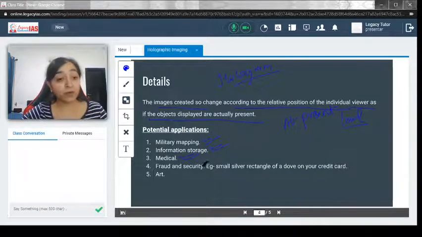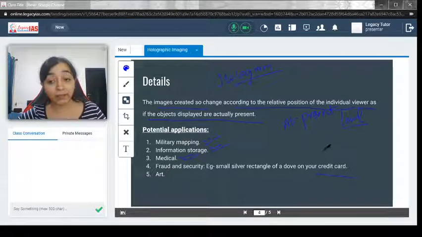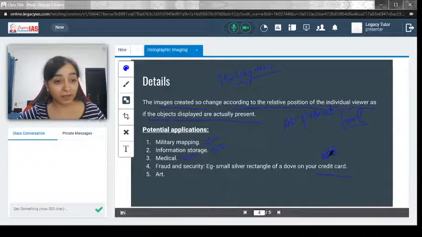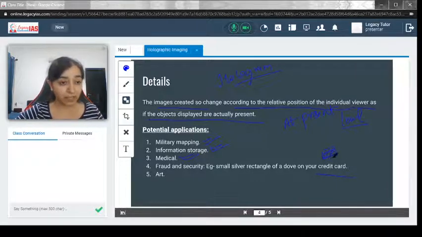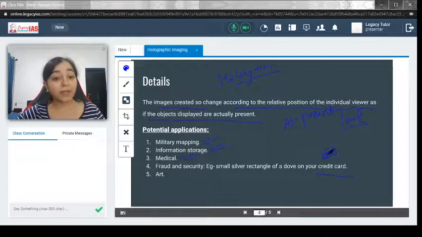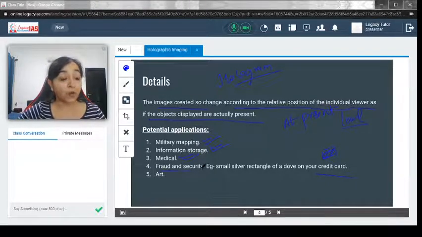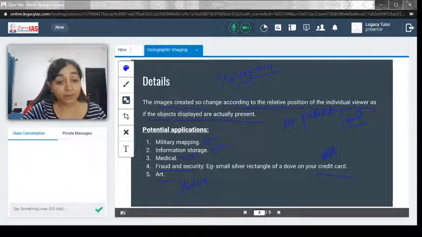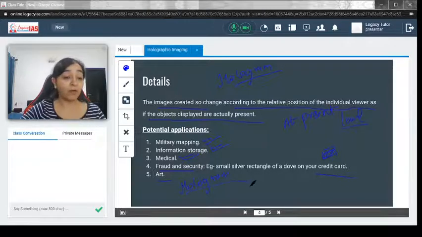Then also fraud and security, which you have seen very often, like on your credit card or debit card, you see the silverish chip which changes color and turns blue. That is also a hologram. So for security and detecting fraud, that application of holograms is very much in use. And finally art. Holograms are also used for depicting art. That is also one of the applications of holography.